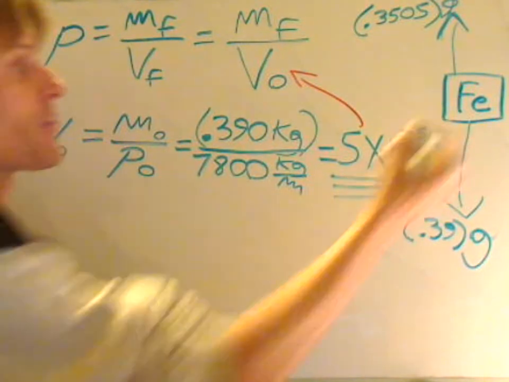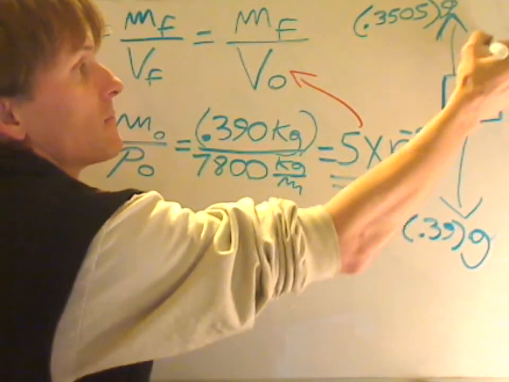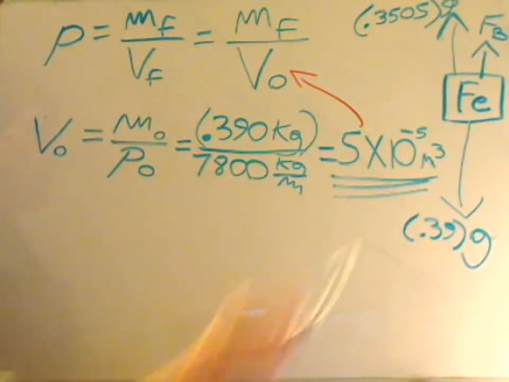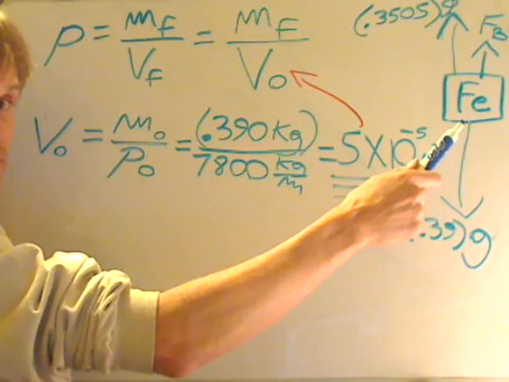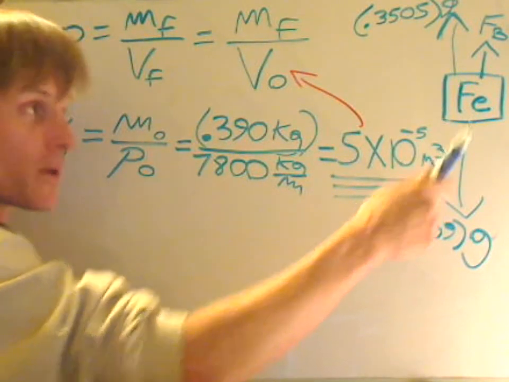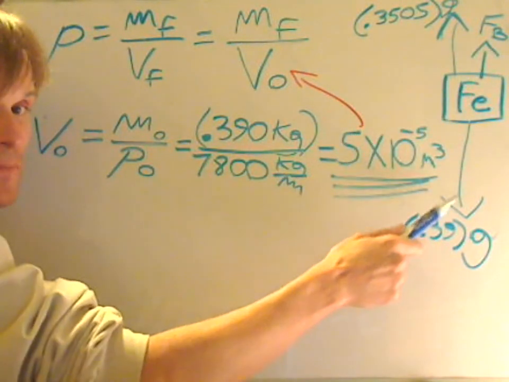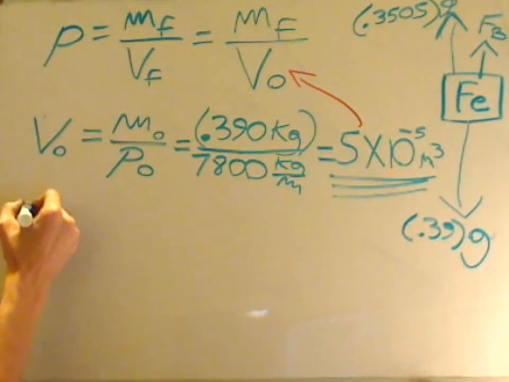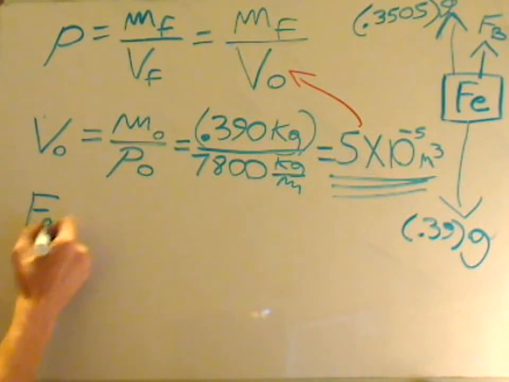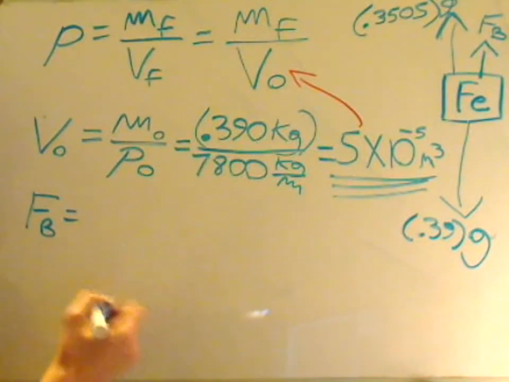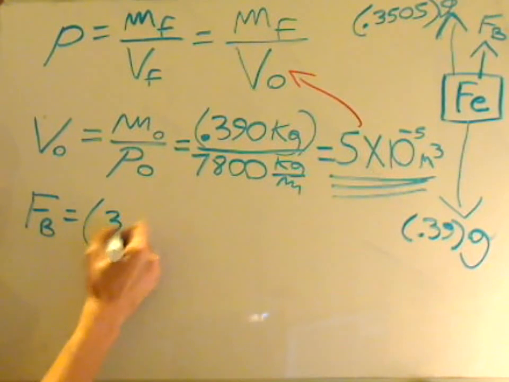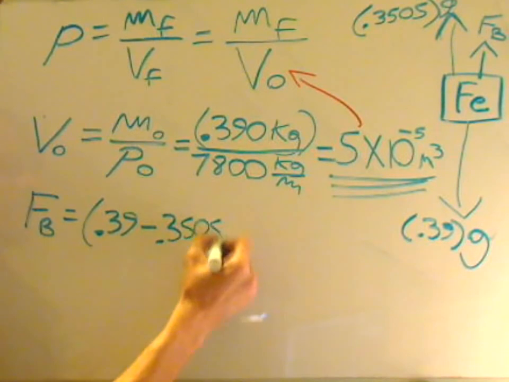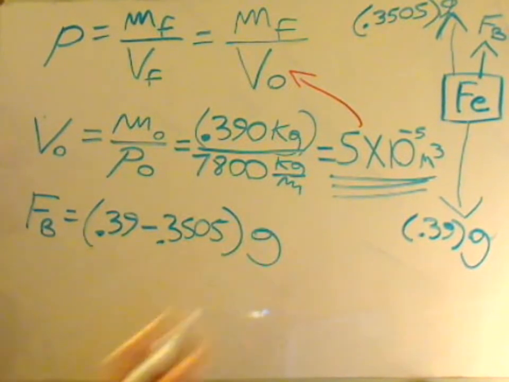Okay? And then there's a buoyant force from the fluid. For this iron chunk to be suspended in the fluid, that buoyant force has to be the difference between the downward force and the upward force. So the buoyant force is the difference between these two things, which is 0.39 kilograms minus 0.3505 times g.